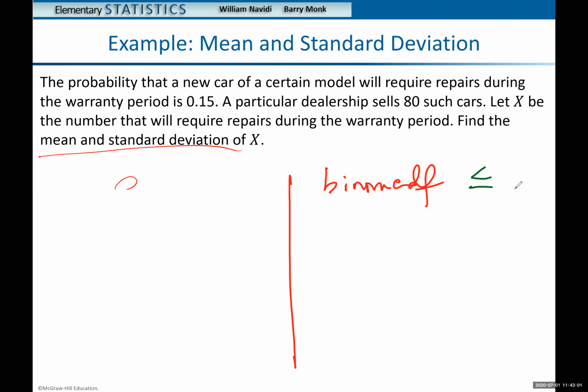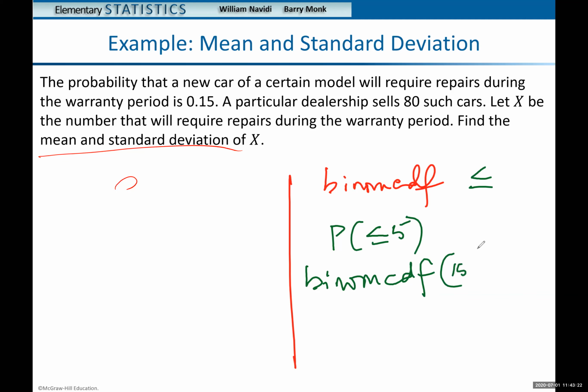Binom PDF is the exact number. So let's say a probability of less than or equal to 5. You use binom CDF, and your n is 15, your probability is 0.3, and then this is 5. So this is your x of 5.